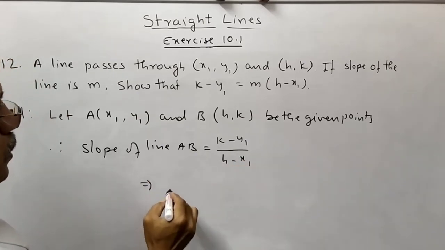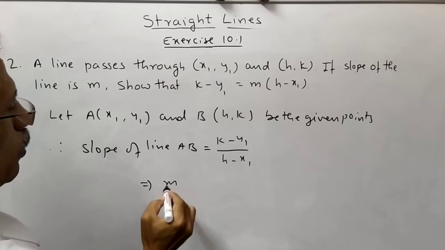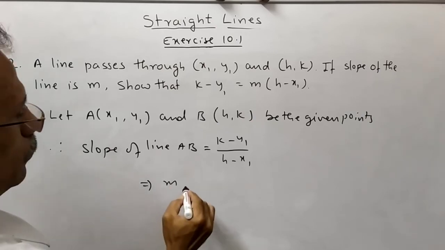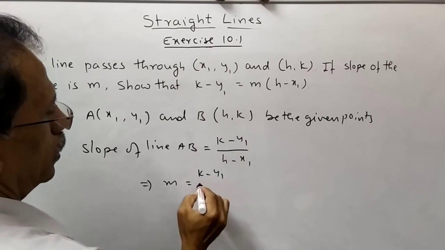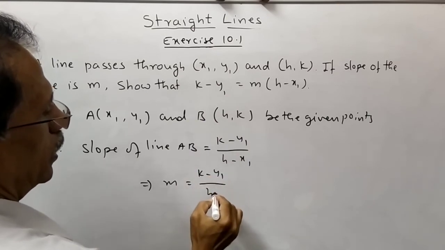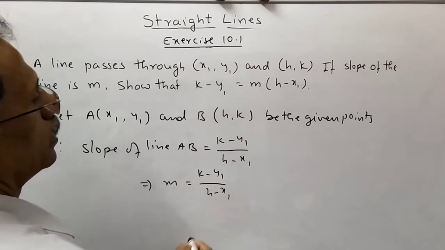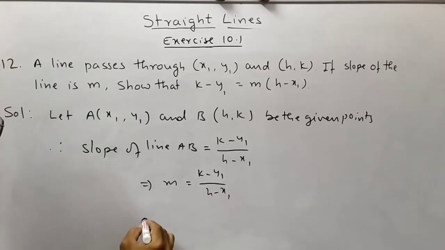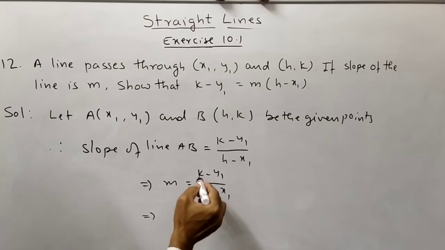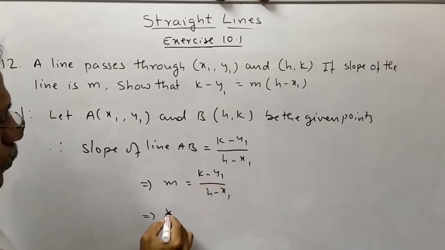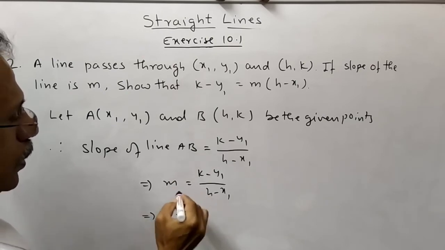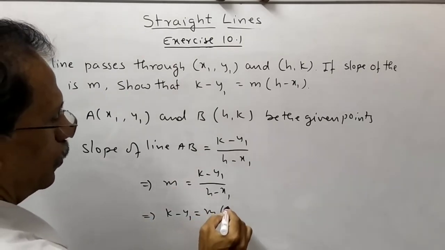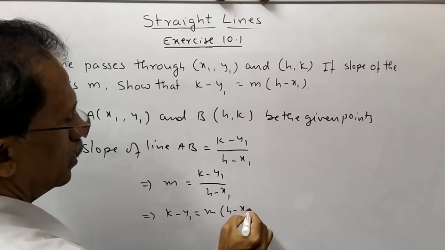What is the slope of AB? m. That is equal to k minus y1 divided by h minus x1. This implies, by cross multiplication, we will get k minus y1 is equal to m into h minus x1.